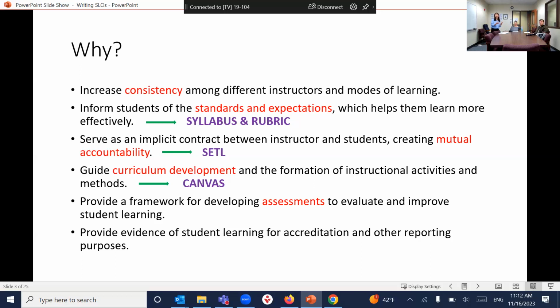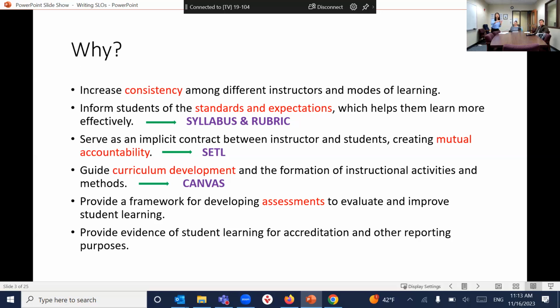And ideally, and we strongly recommend it, the course learning outcomes should be included in your syllabus and perhaps in the rubric, so that you can better communicate with your students.